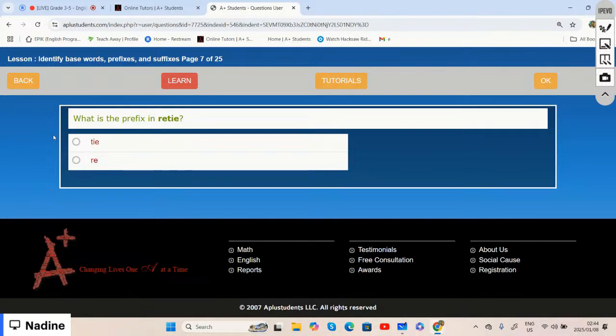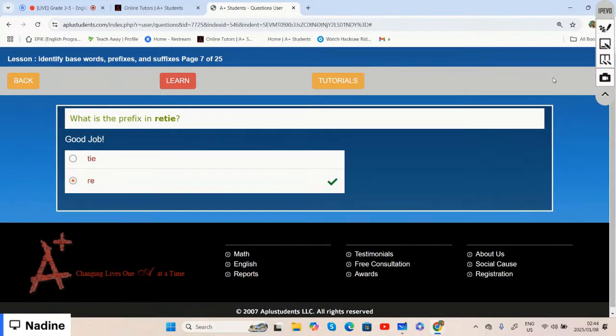If we were to select the prefix, then it is re, because re means again.